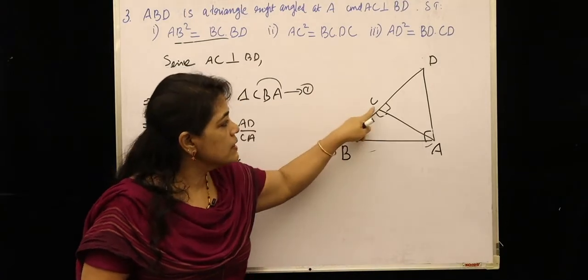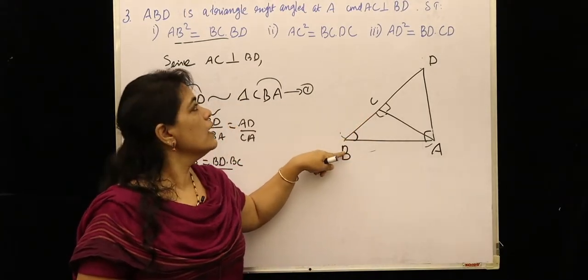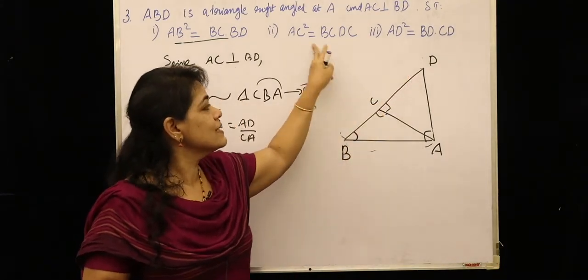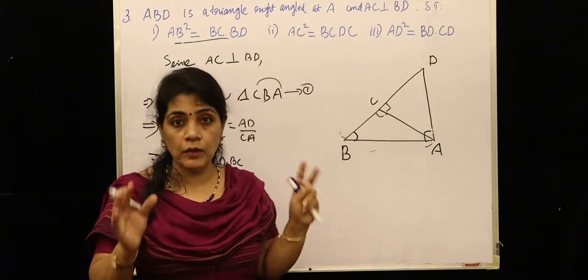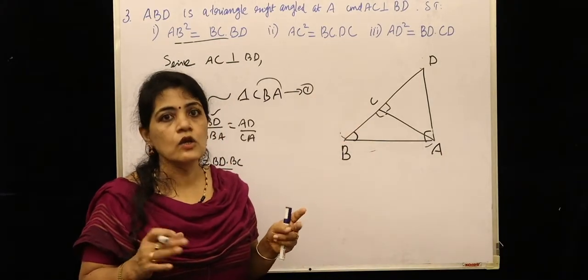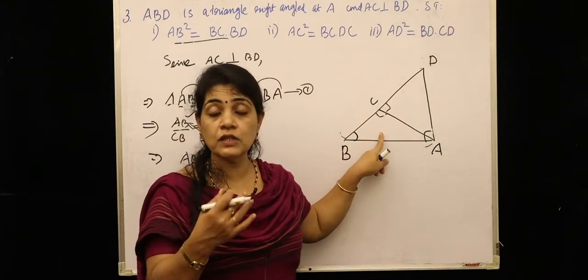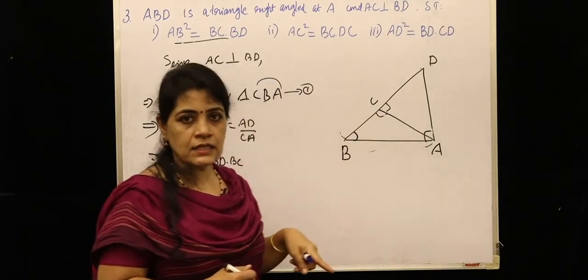BC means again the side of the second triangle, and DC means this one. That means in this relation we don't have any side from the whole triangle. So we have to take these two ratios, that is, triangles on both sides of the perpendicular are similar to each other. Is it clear, children?